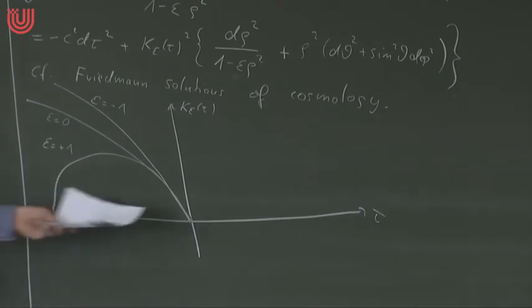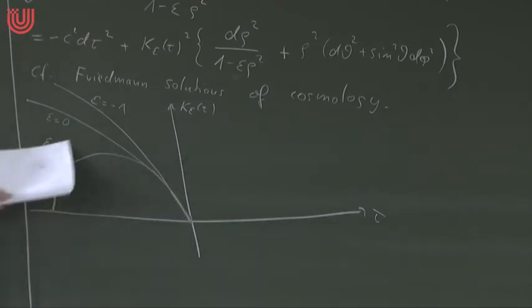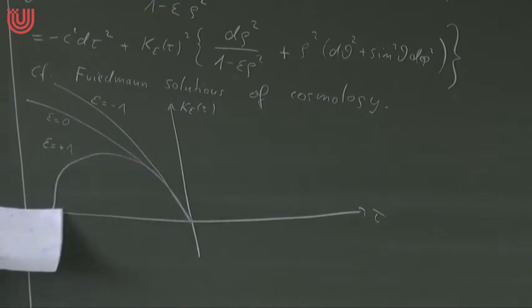If you plot eta instead of tau, this would just be a sine function, and the sine function has periodically zeros on the axis. Of course, it could also take other branches, but they are not connected with each other in the sense that they form one universe. Each of them is a different universe, and they are separated by singularities.